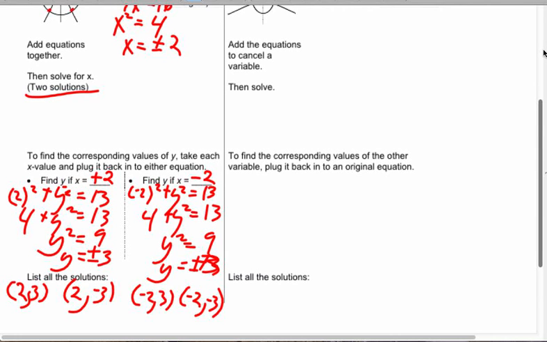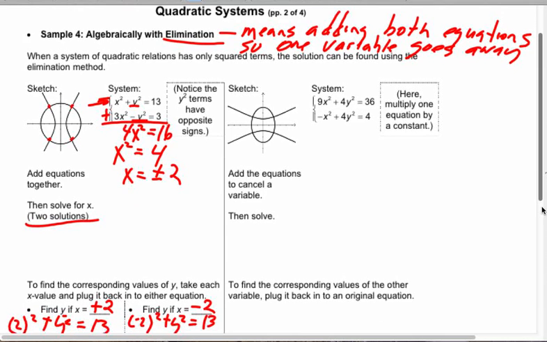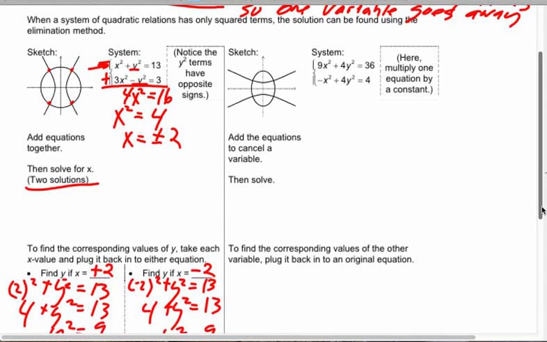Okay, now let's come back up and take a look at this guy. And there are a couple of ways to do this. Now, one way to do this would be to multiply this whole equation by 9 and then add it to the other one. Then that would work.